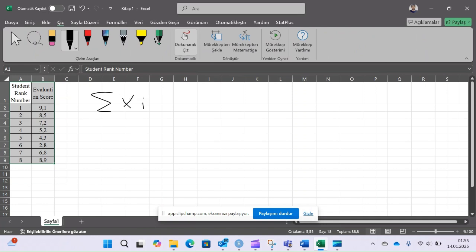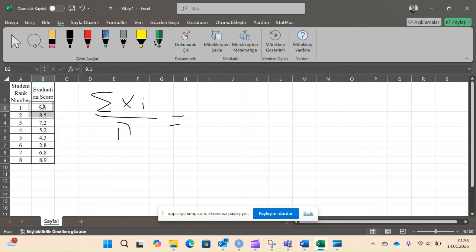Remember, for the formula of the mean, we sum all the values for a variable and divide by the number of observations, so the sample size. So we take the sum of all observations and divide by the number of observations, which is equal to 6.6.